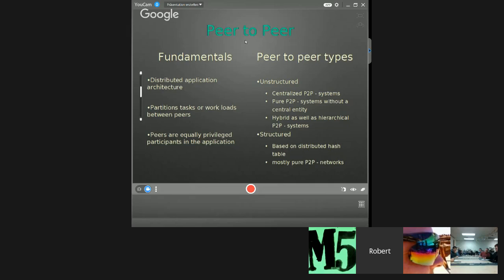So if you want to search for anything, for example for file sharing, you ask one specific peer, and it directs you to the next peer until you reach the position where the information is stored. So it's a very efficient self-organizing peer-to-peer structure, and highly efficient in searching. For example, BitTorrent is based on a structured peer-to-peer network, which is using a distributed hash table.